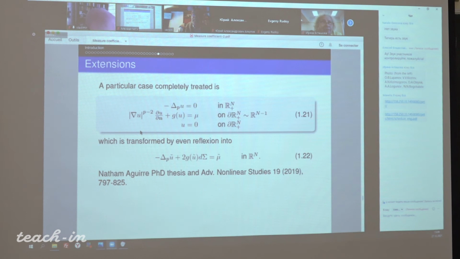Only look at the first two conditions: this one, and this nonlinear condition, which is the main one, minus delta u to the p minus 2 du over dn plus g of u.